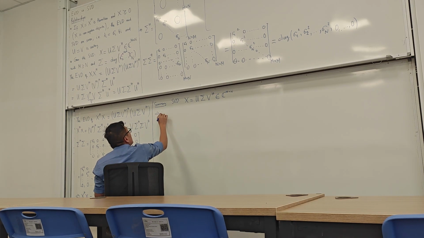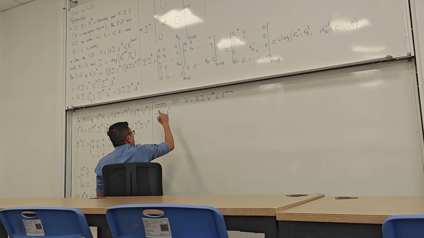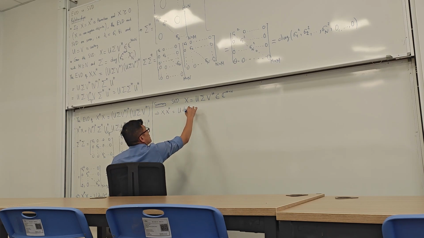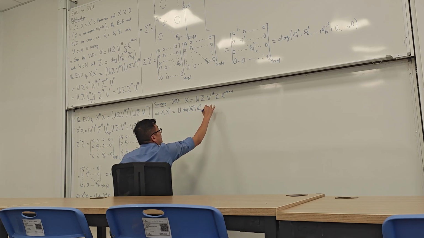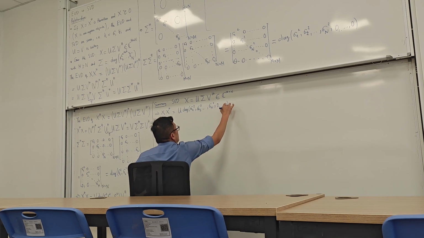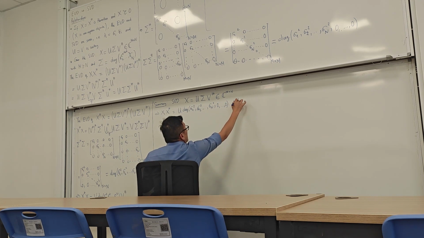Then X times X Hermitian is equal to U times the diagonal of sigma 1 square, sigma 2 square, and so on, sigma n square, 0 and so on, multiplied with U Hermitian.